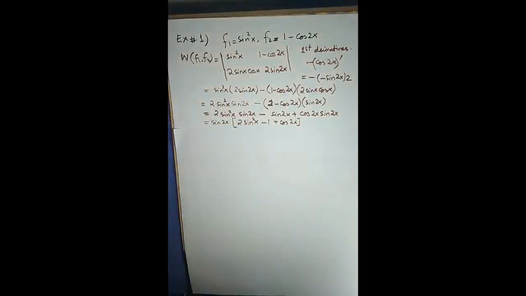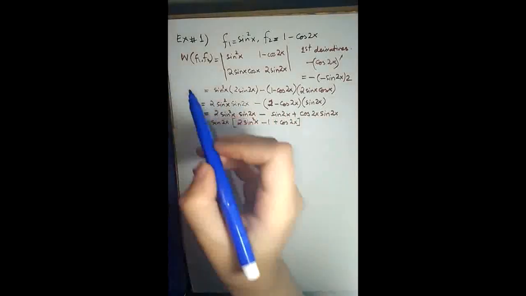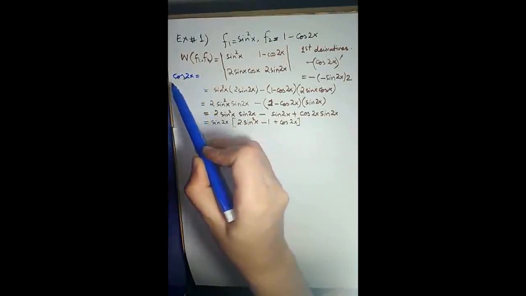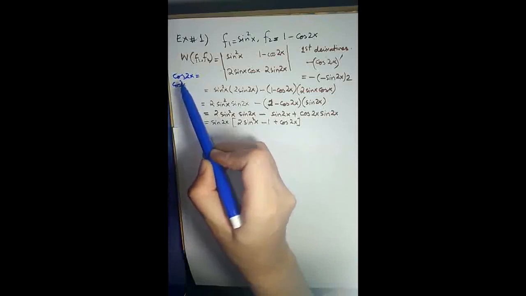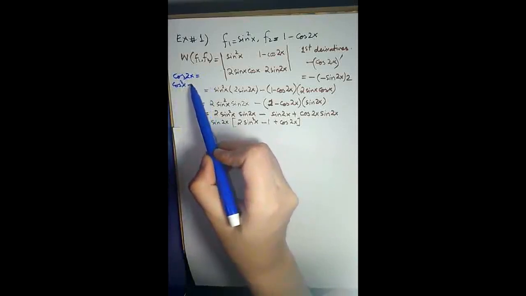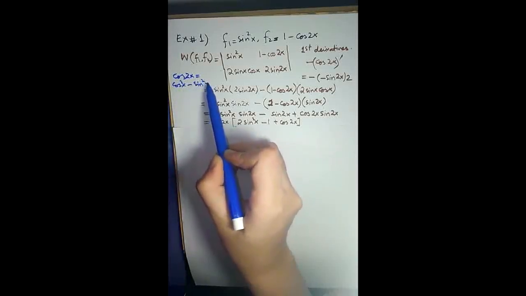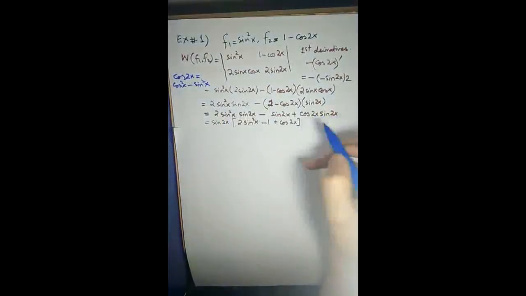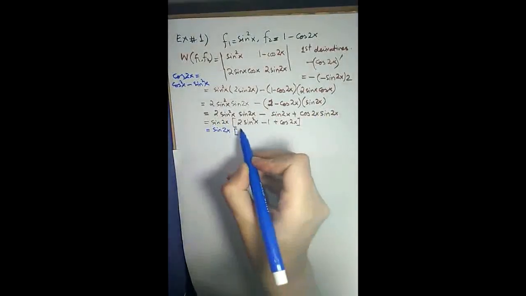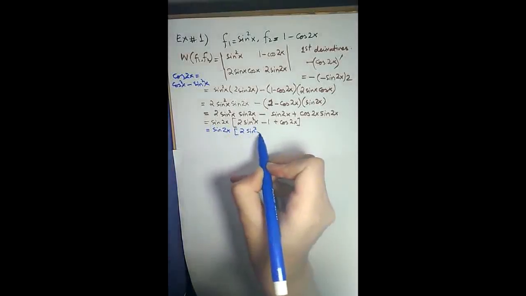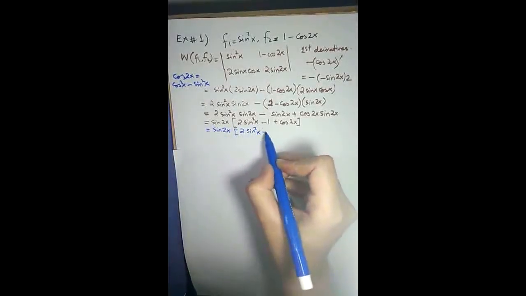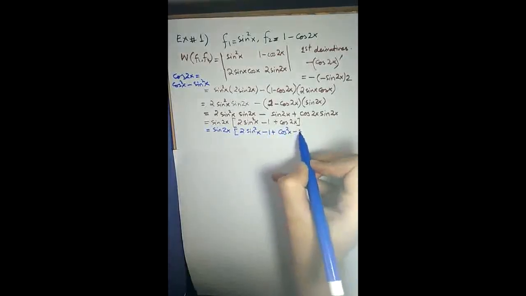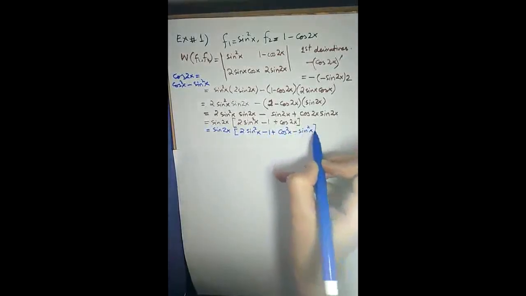The identity is cos 2x equals cos square x minus sine square x. So I am replacing the identity here: sine 2x times 2 sine square x minus 1 plus cos square x minus sine square x.